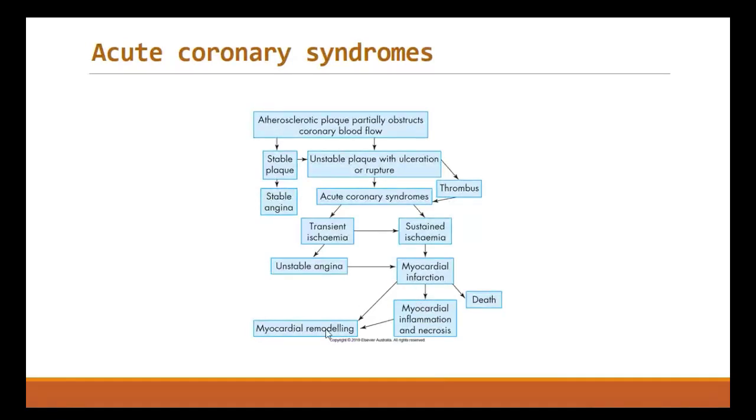Long-term effects are myocardial remodeling. Of course, this is a very undesirable end result. If large areas of myocardium are affected, it could lead to death. It makes sense now? So unstable angina is basically in the progression towards infarction.